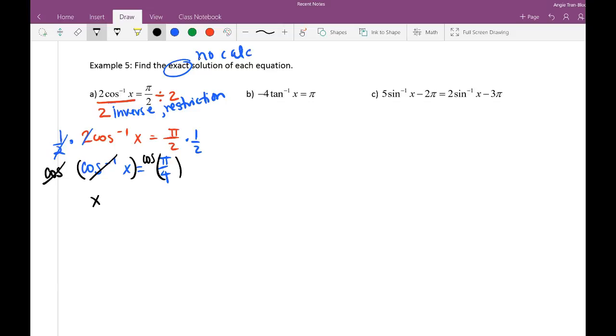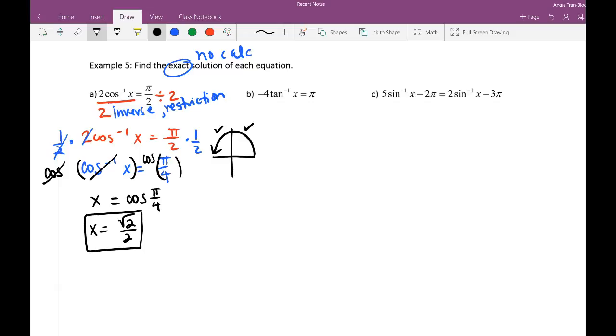Remember, we started with cosine inverse, and cosine inverse is restricted to quad 1 and quad 2. So cosine of pi over 4, of course you know what this is. You can only have one answer, which is radical 2 over 2. And that is your final answer for example 5a.